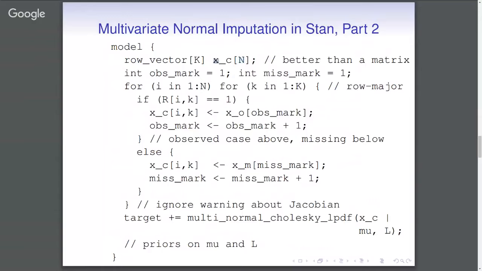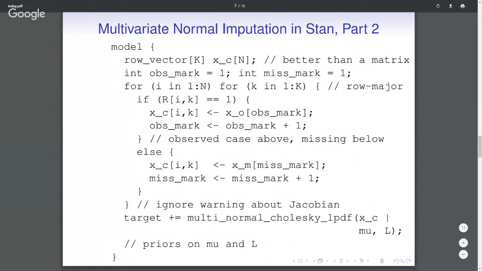The name of the array is X underscore C, for completed X. Each element of this array is a row vector of length K. So if we're thinking about this in R, this is like a list with n elements. Each of the elements of that list is a row vector of length K, and the thing is named X sub C for X completed.